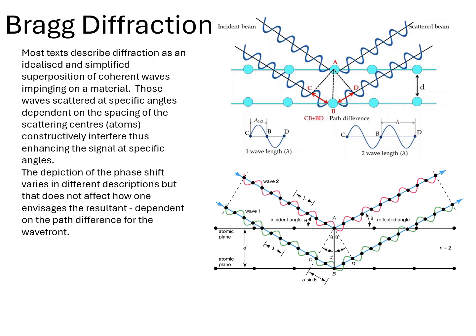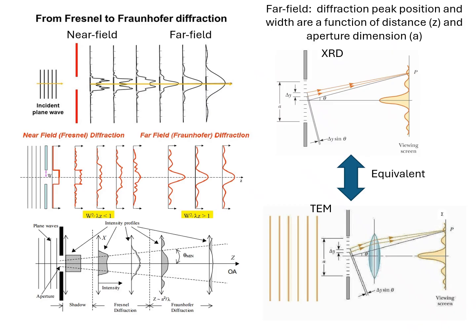Oh, here we go, Bragg diffraction again. I'm starting to get more into the theory. Again, just a reminder what Bragg diffraction is: simply superposition of the waves for different angular orientations of the incoming and outgoing waves.